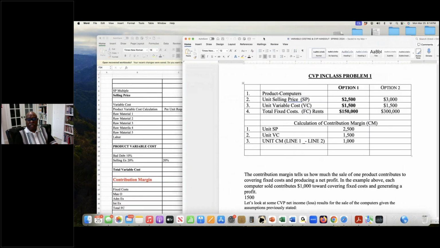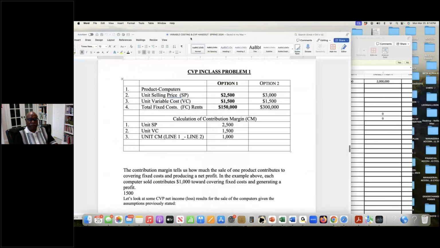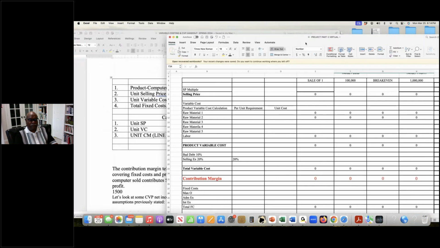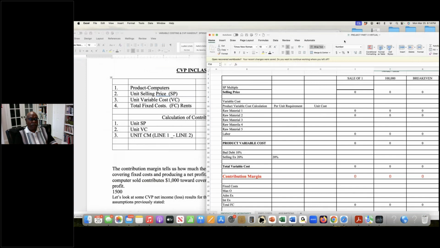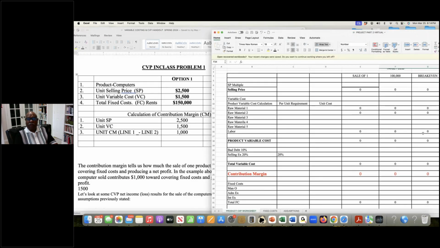The selling price is 2,500. So we're looking at if we sell one, what the situation would be.